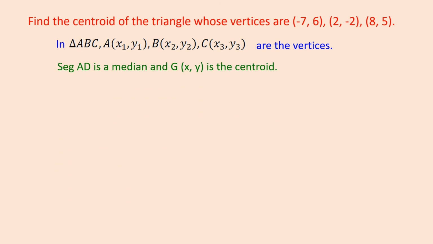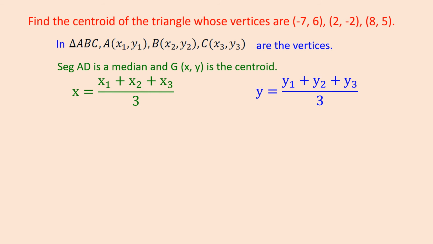AD is the median and G is the centroid whose coordinates are (x, y). Therefore the x coordinate of the centroid equals (x1 plus x2 plus x3) upon 3, and the y coordinate is (y1 plus y2 plus y3) upon 3.